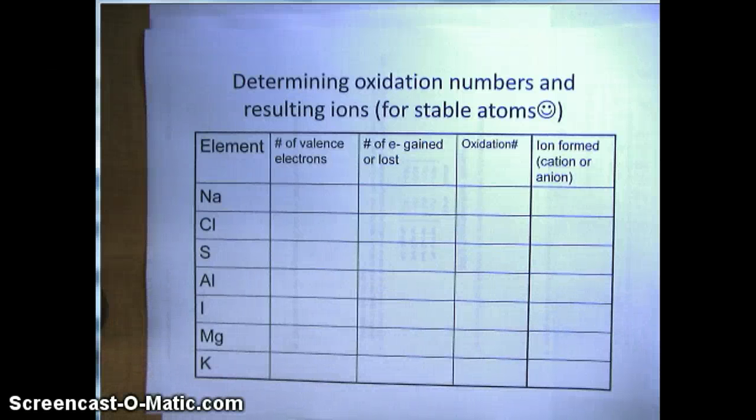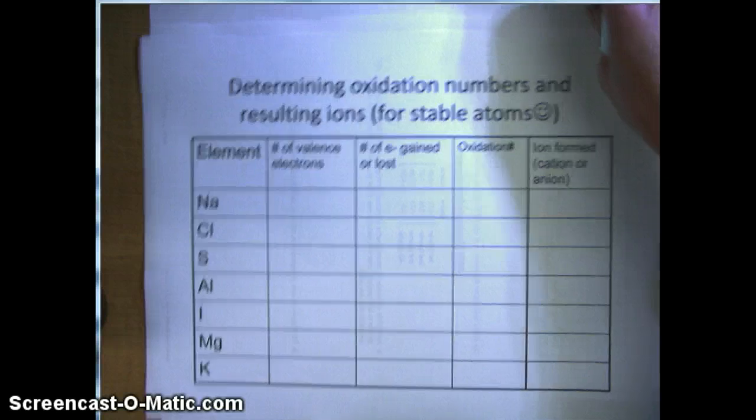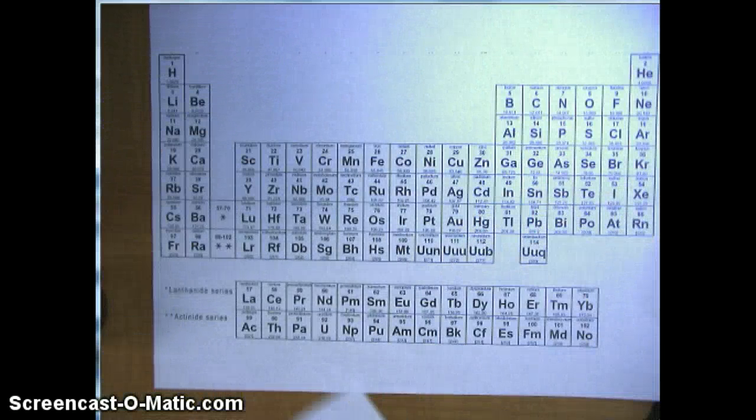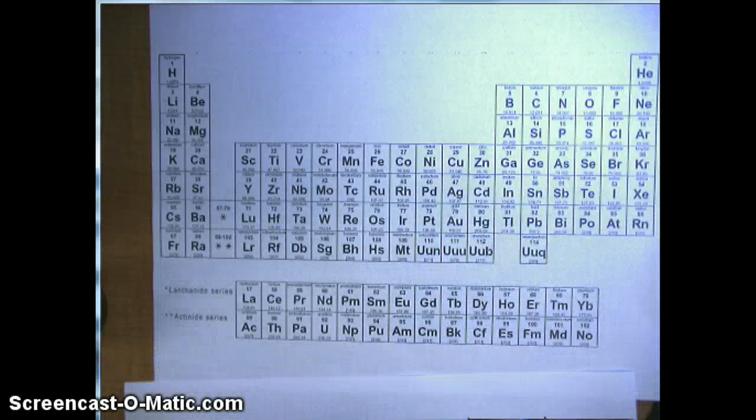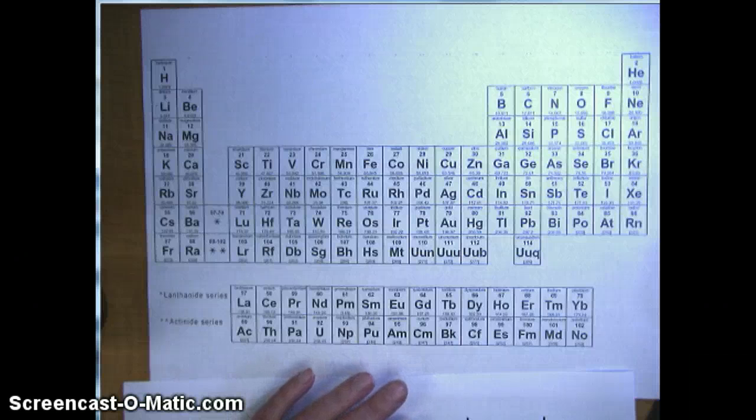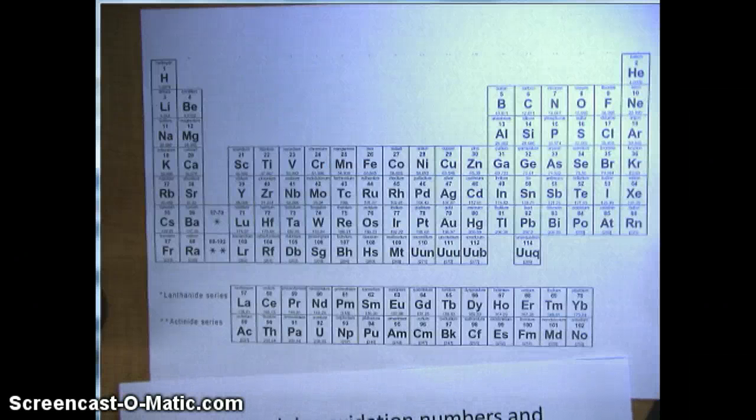In order to determine the oxidation numbers and resulting ions that make for stable atoms, let's go back to the periodic table and do a little bit of review. So the periodic table is very thoughtfully set up. Mendeleev did not realize at the time that he was setting it up according to how electrons are configured outside of the nucleus.